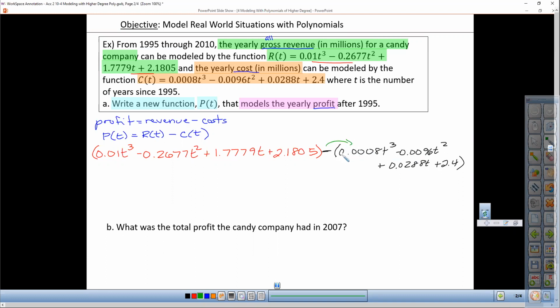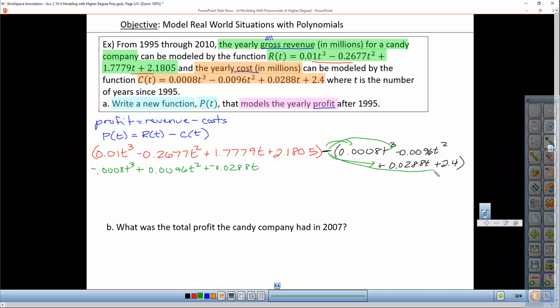So when I distribute this, this is going to become a negative. So I have a net minus 0.0008 t cubed. And then I'm subtracting this negative, so that becomes plus a positive 0.0096 t squared. Then I'm subtracting this positive, so it's now a negative, so I have plus a negative, or you can just write minus 0.0288 t.